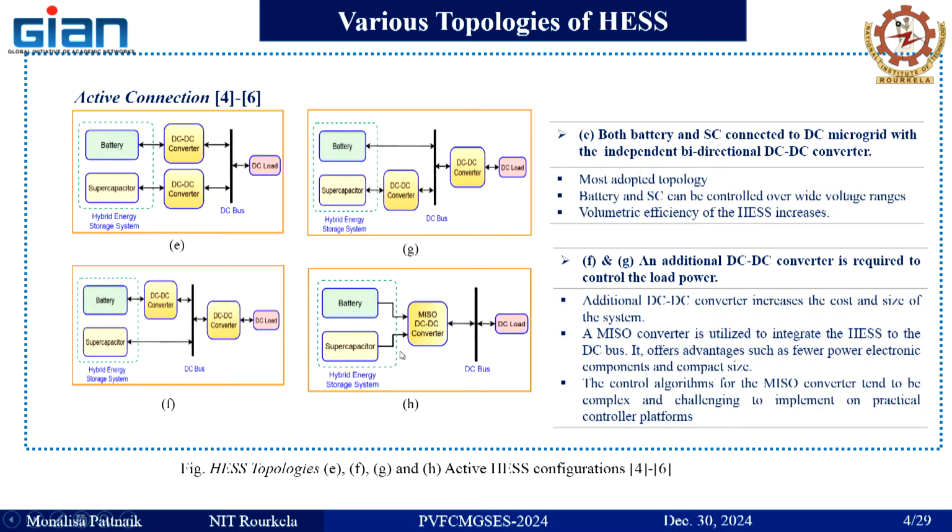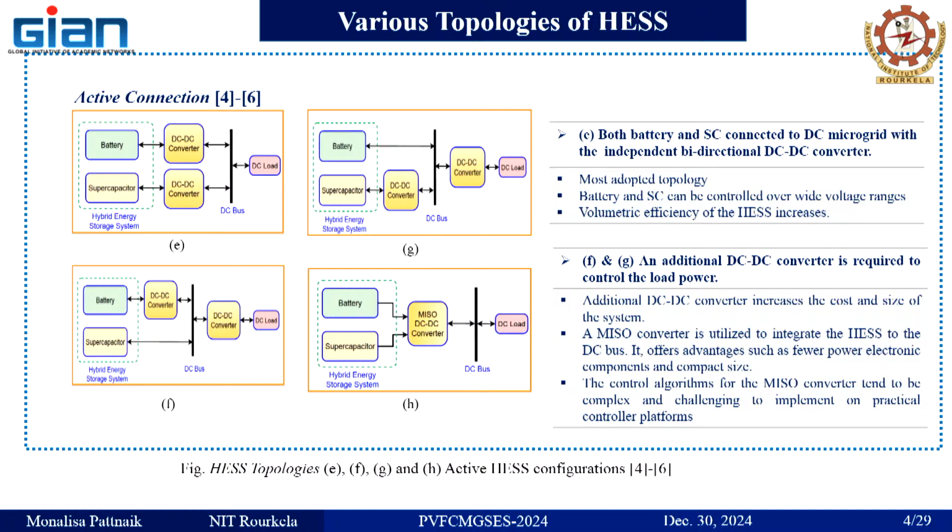Another is the multi-input single-output system, the MISO system, where the battery and supercapacitor are two inputs connected through one DC-DC converter. This is the advanced one which we have not worked with. The main thing is that compared to the active topology having two bidirectional converters, this uses a single converter, but its implementation is complex. That is the main part of it.